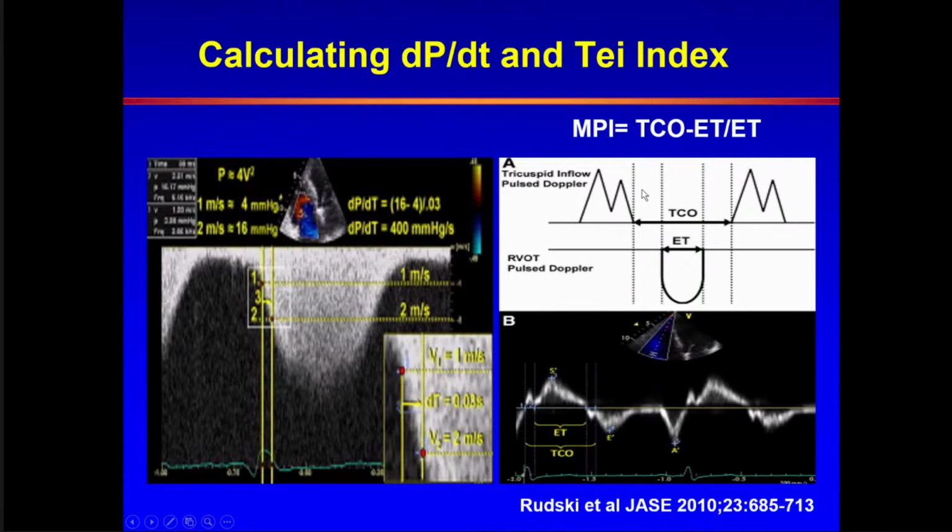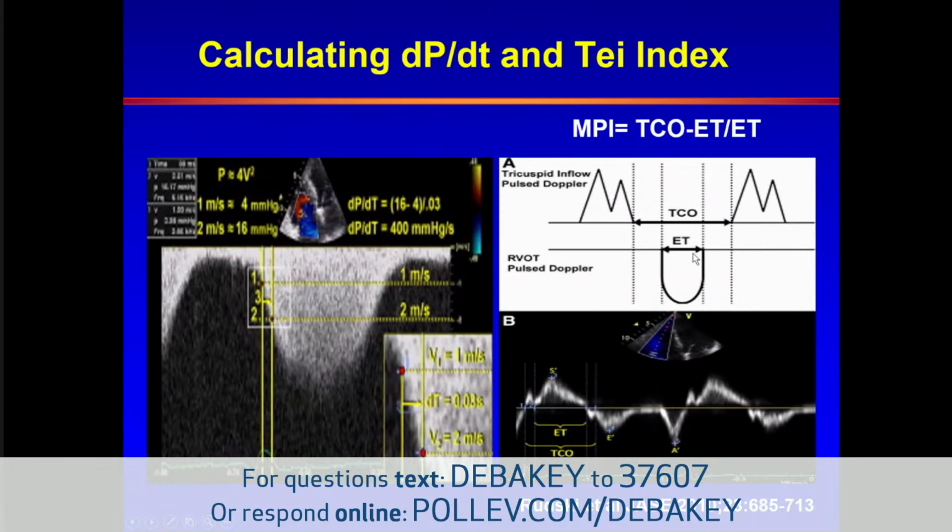Tricuspid regurgitation takes place during isovolumic contraction, ejection, and relaxation. If you subtract from that duration of the tricuspid regurgitation the ejection time as acquired from the RV outflow tract, then you have the numerator of the expression. The upper limit of normal is a ratio of 0.43.